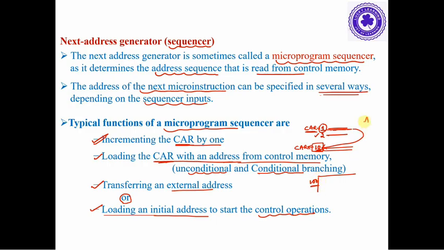Suppose the microprogram for add is executed, and next it has to execute the microprogram for sub. Assuming the microprogram for sub is in the 100th location, it has to jump to that particular location. That is the initial address to start the control operation. These are the typical functions of the microprogram sequencer.